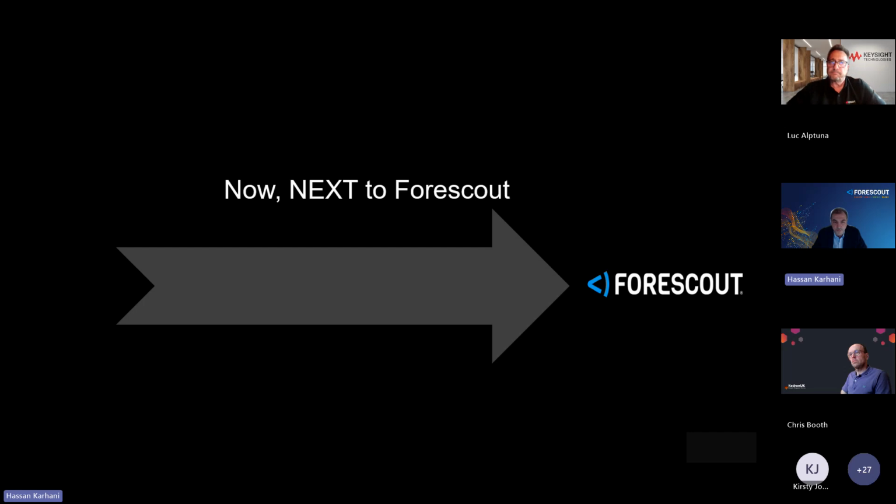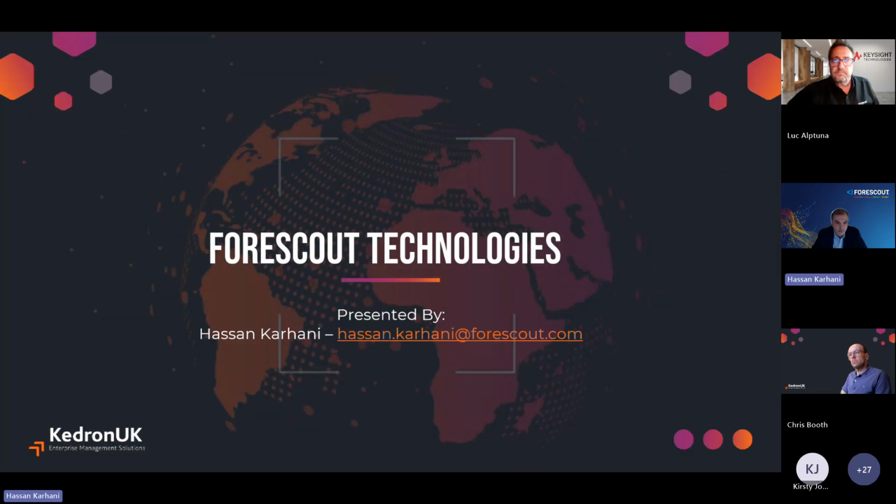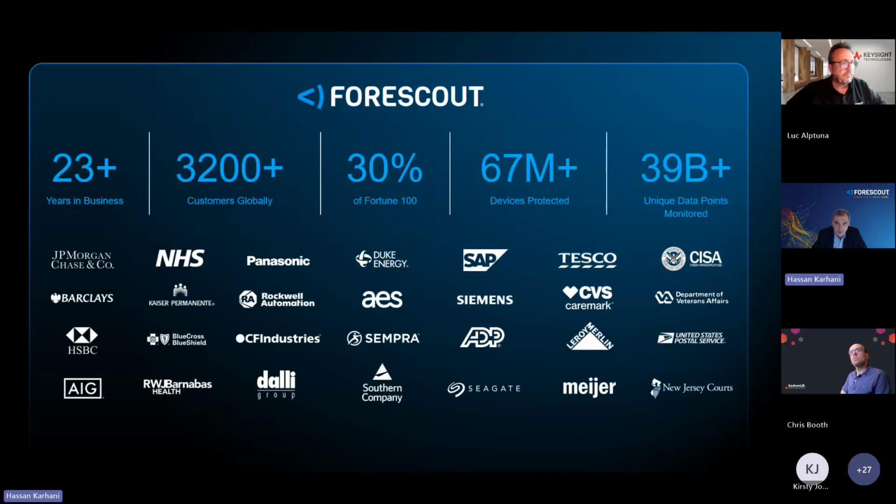Good afternoon, everyone. Let me begin by introducing myself. Hassan Qarhani, Field Technology Officer in Forescout Technology for EMEA and APJ. I'll begin with some key facts around Forescout Technologies. We've been working with critical infrastructures from government to financial services, healthcare, and many OT verticals like manufacturing, energy, utilities, and so on.